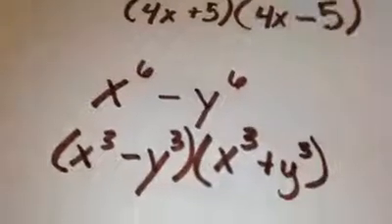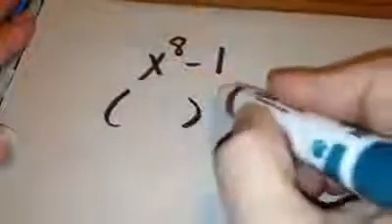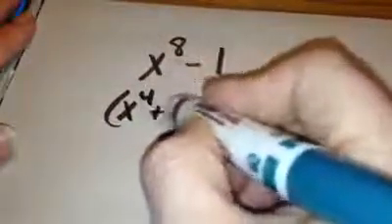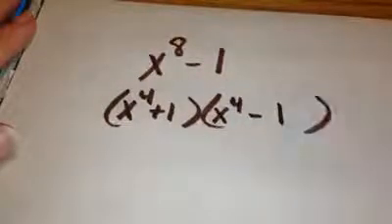Be very careful of the number 1. The number 1 can be tricky because if I have something like x to the 8th minus 1, 1 is actually a perfect square. If I find the square root of x to the 8th, that would be x to the 4th, so we get x to the 4th plus 1, x to the 4th minus 1.